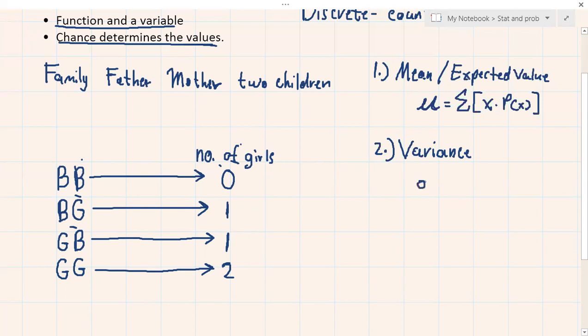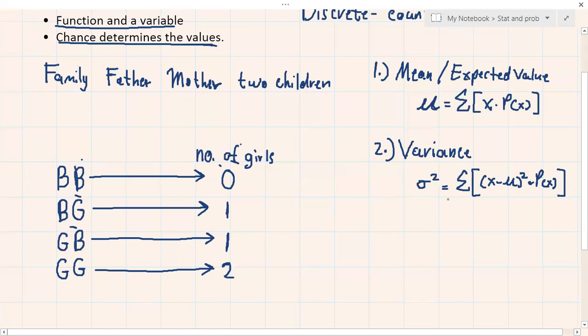So yeah, it looks like this one. Pag ganun. Tapos naka-square siya. Alright? So this variance, yung formula niya ay the summation of quantity x minus the mean squared times p of x.